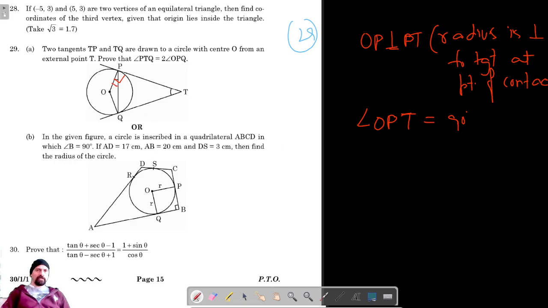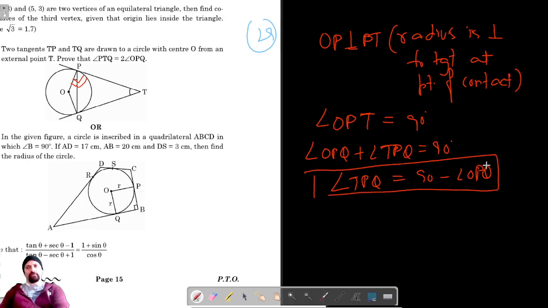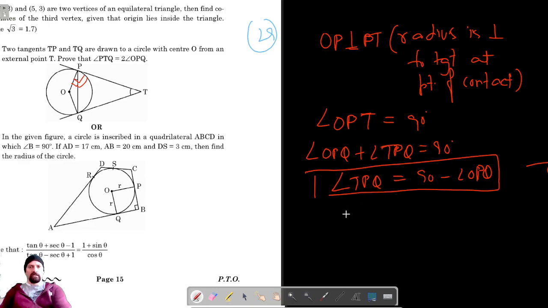Angle OPT is comprised of OPQ and TPQ, so I can write angle OPQ plus angle TPQ is equal to 90 degrees. So this gives me angle TPQ is equal to 90 minus angle OPQ. Let's keep this as equation 1.